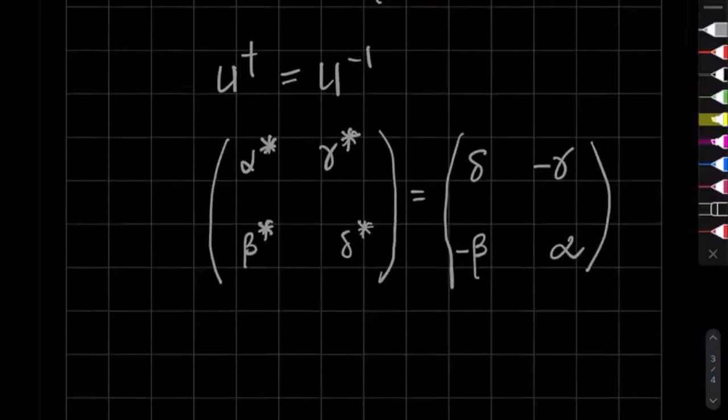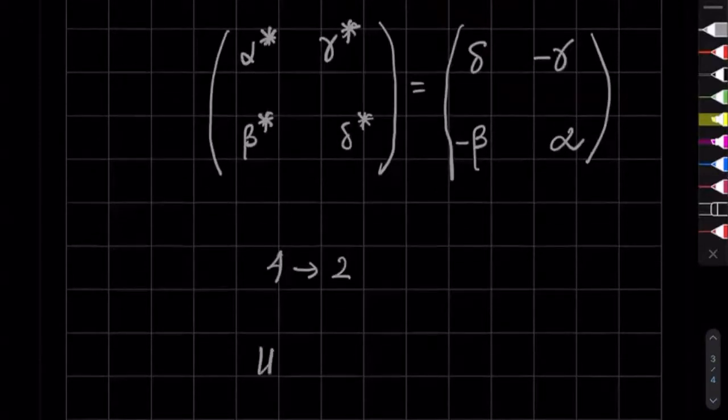So this actually means that the number of parameters goes from 4 to 2.